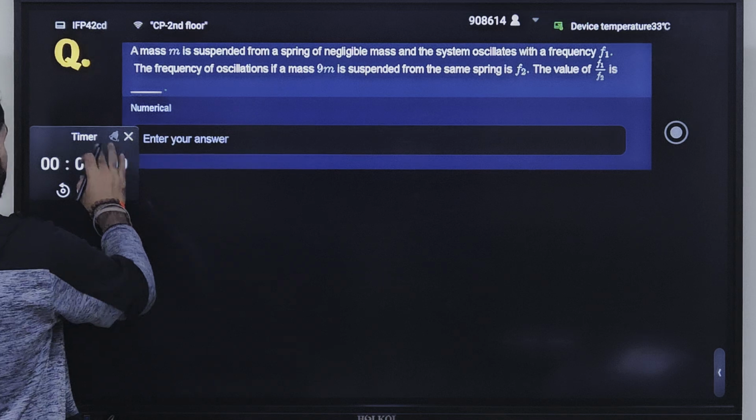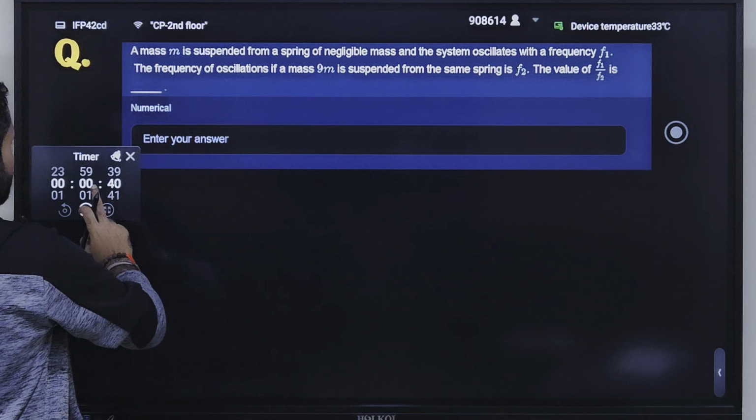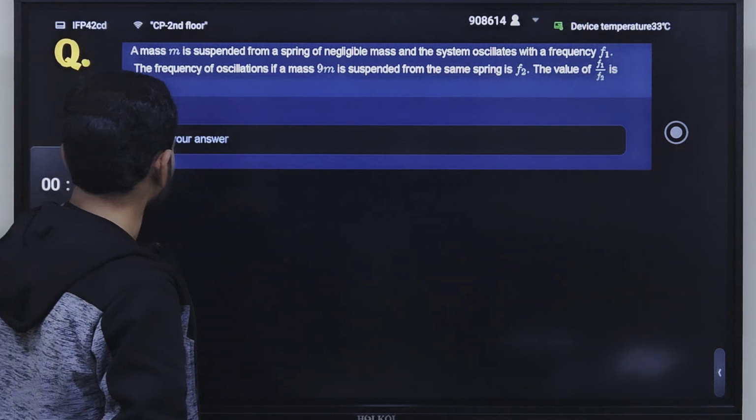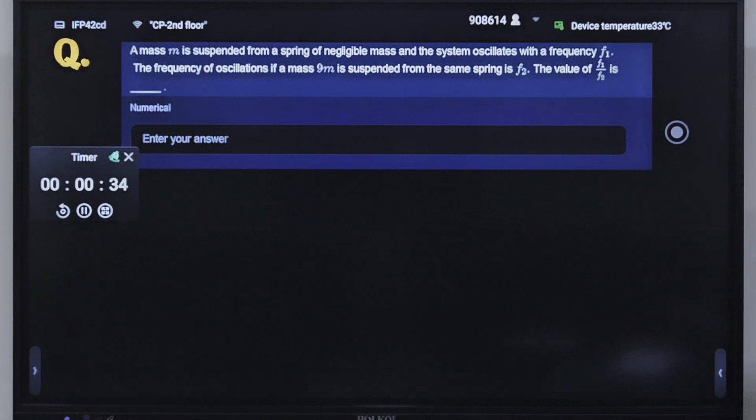Now solve this question. What is the next step for solving this question? First, try to think about it. What can you do for this question?